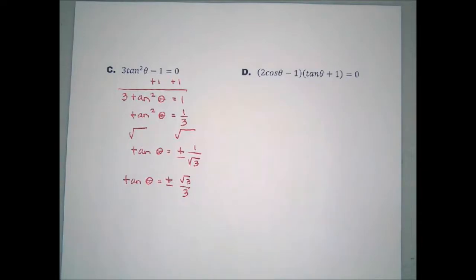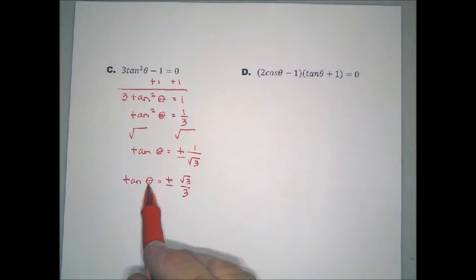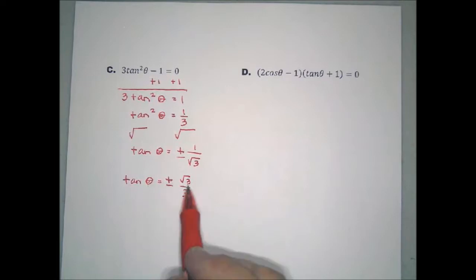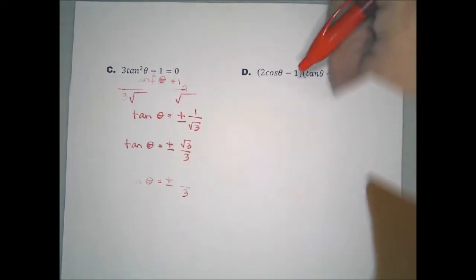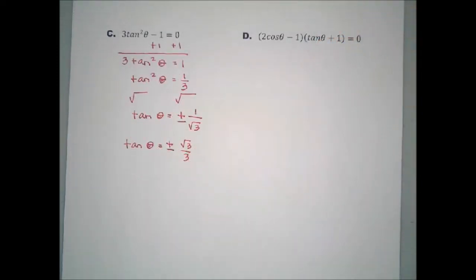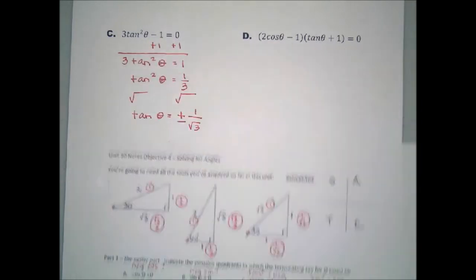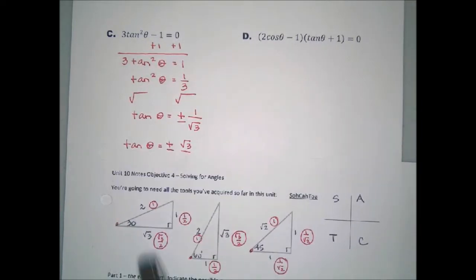So let's go back to reference angles. What angle that we're going to call theta has a tangent value of root 3 over 3? As it turns out, the reference angle that has a tangent value of root 3 over 3 is the 30-degree reference angle. You can see it right here.